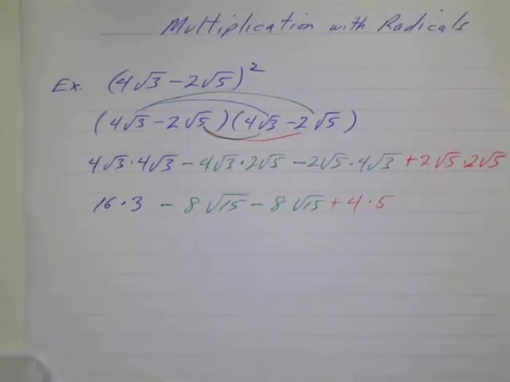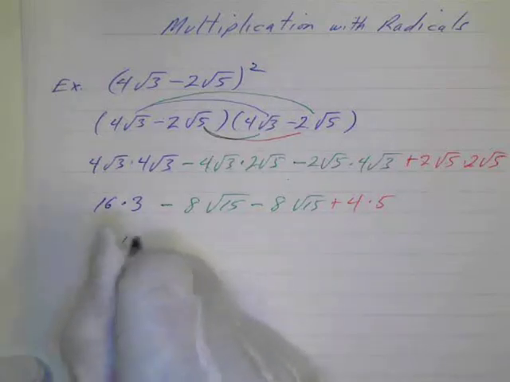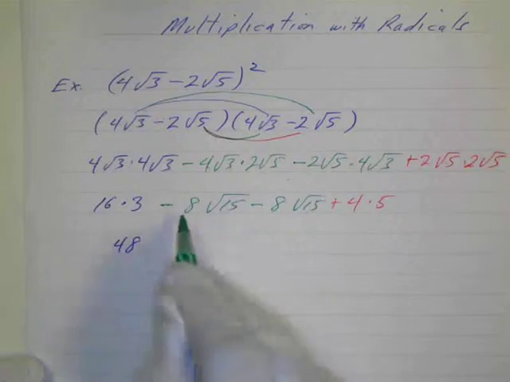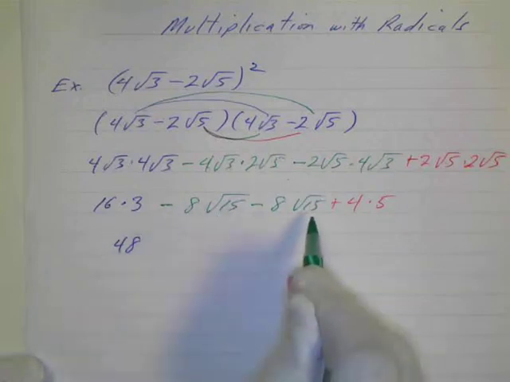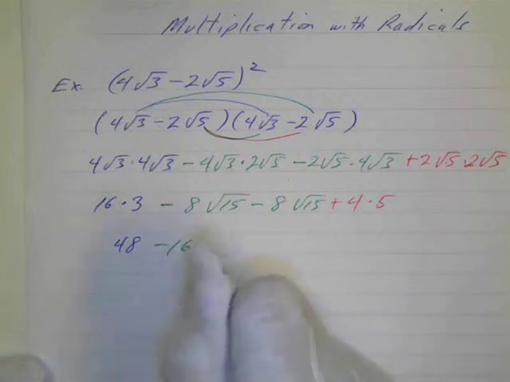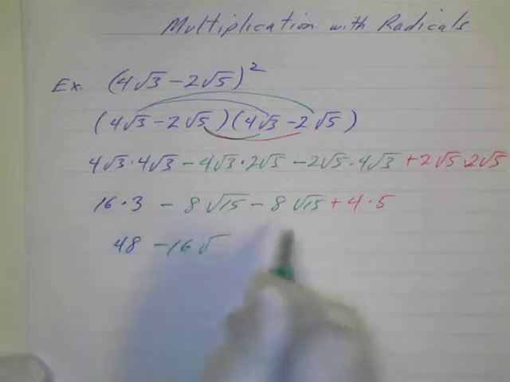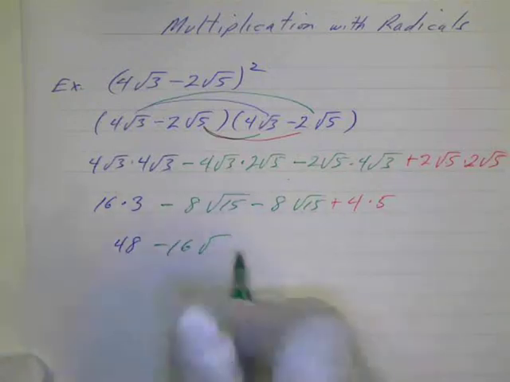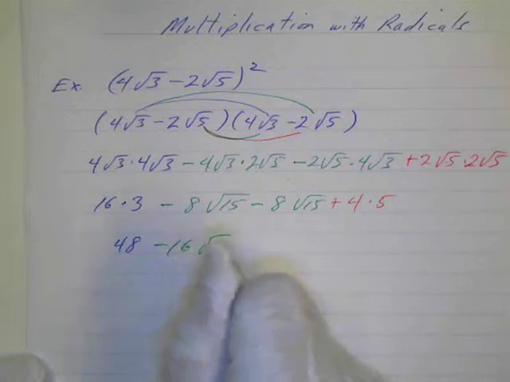Now we've got purely numerical terms, because 16 times 3 is 48. And I've got a negative 8, like what's negative 8 cats and negative 8 cats? That's negative 16 cats. So negative 8 square root of 15 and negative 8 square root of 15 is negative 16 the square root of 15.